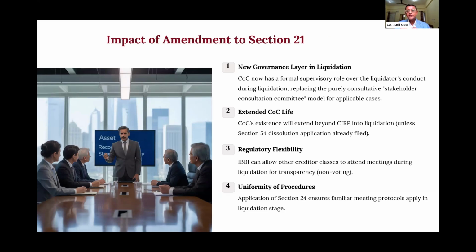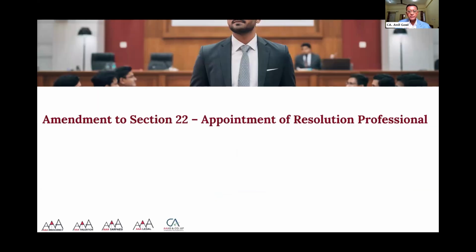Then the COC has an extended life as their role is important. There is regulatory flexibility, as the IBBI will make further rules and regulations for adding other classes of creditors, and the procedures will be uniform, may it be the COC during CIRP or the COC during the liquidation process. Yes, Ankit.